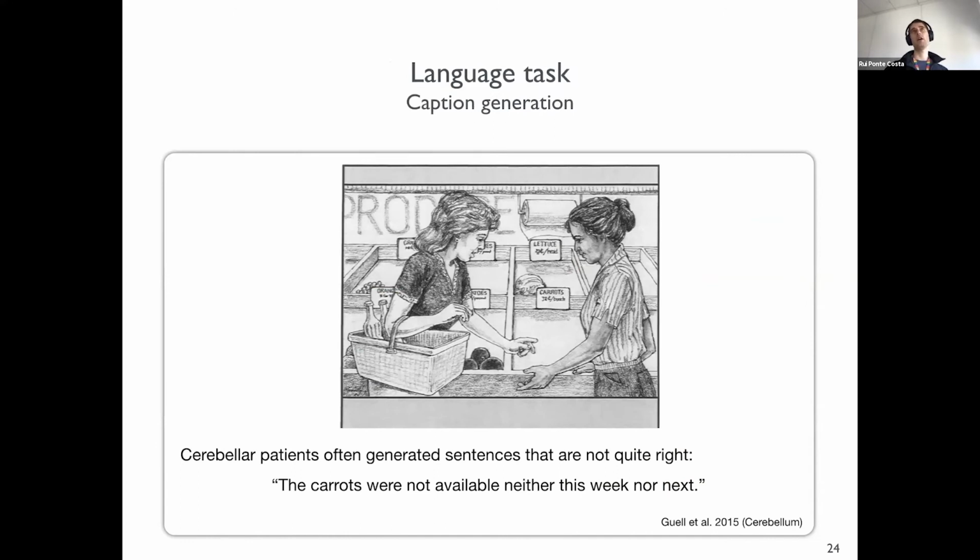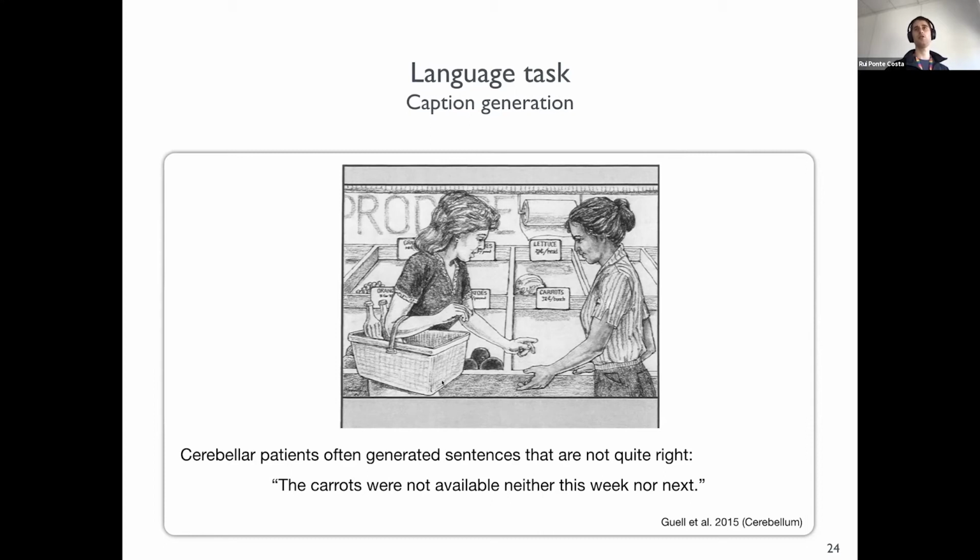Finally, we looked at a language task. So it's inspired by a task that was also done in cerebellum patients, where people were given images of specific scenes. For example, here we have 2 ladies in a supermarket talking with one another. And in this experiment, they asked both healthy subjects and cerebellar patients to write descriptions of what they think is going on in these scenes.